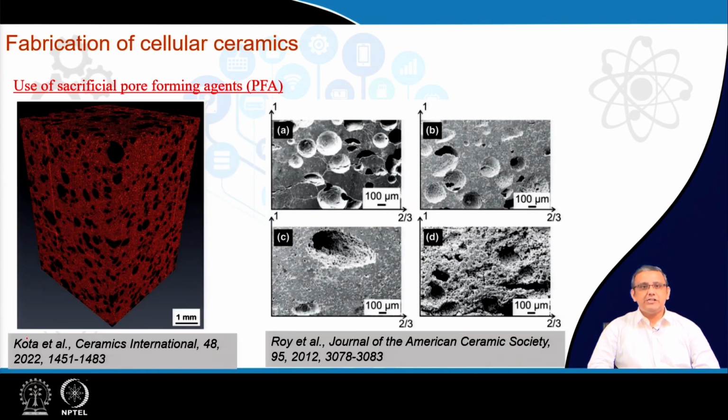Some typical microstructures of these porous ceramics using the pore forming agents are shown here. The left hand side image shows a microcomputer tomographic image of an alumina foam using some polymer wax as pore former, while the right hand side images show the SEM images of a silicon carbide foam also using some polymer wax.